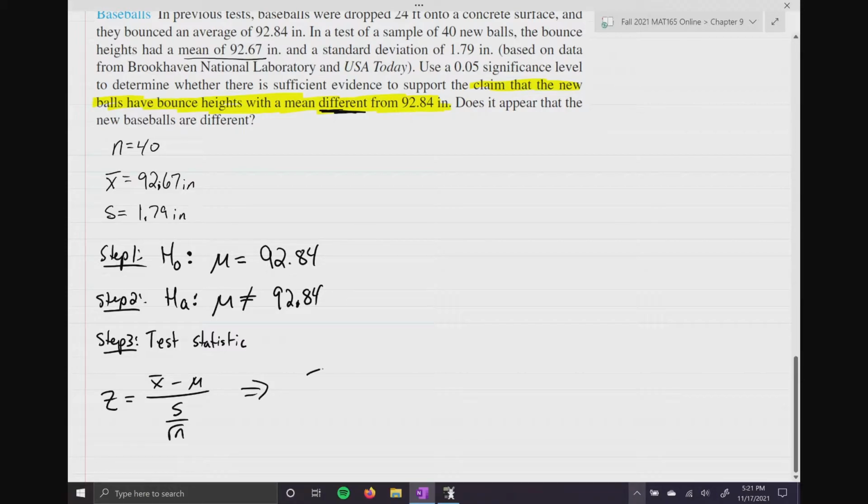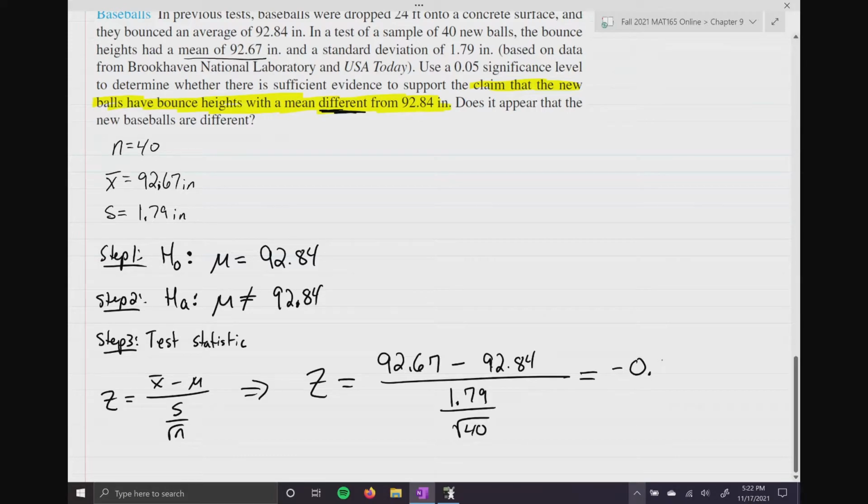So Z is going to equal 92.67 inches minus 92.84 inches divided by 1.79 over the square root of 40. When I use my calculator here, I come up with negative 0.600, but with z-scores we round to just 2 decimal places, so we're just going to keep it as negative 0.60, okay?